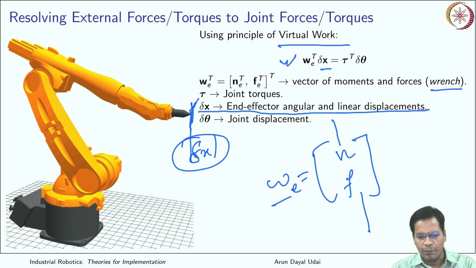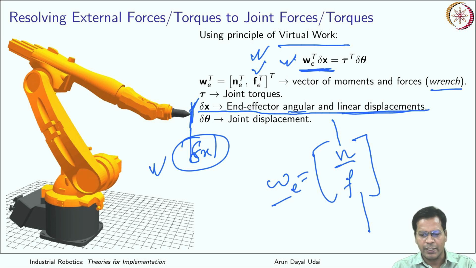Wrench multiplied by the angular displacement and linear displacement. So effectively moment is multiplied with the angular displacement and forces are multiplied with the linear displacement. That is what goes at the end effector level. So that is the output work which is done by the robot. Okay, so it is wrench into the displacement vector.